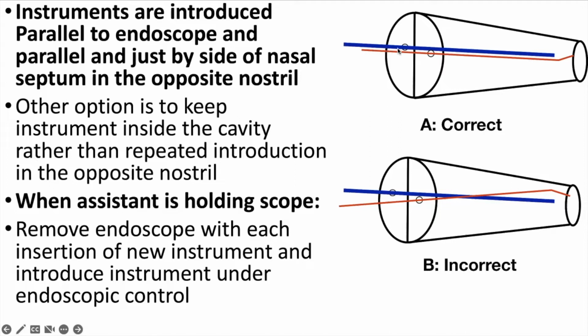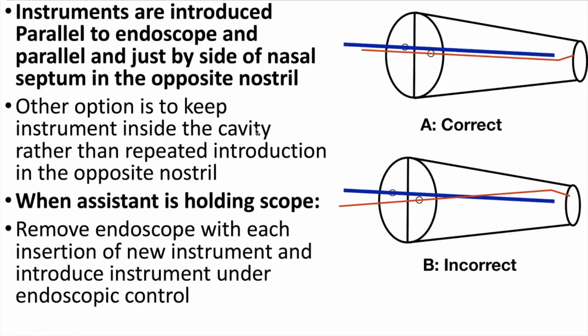So just lateral and parallel to the nasal septum, and do not use any force. Let the instrument go freely. If there is any resistance, then you can manipulate it a little bit cranial caudal or medial lateral. But if you keep it parallel, then it usually goes without causing any damage to the nasal mucosa.